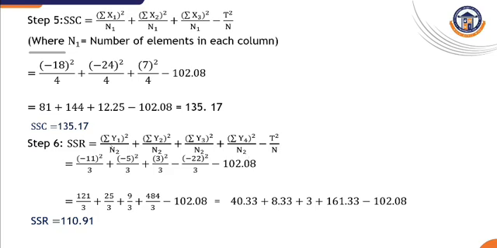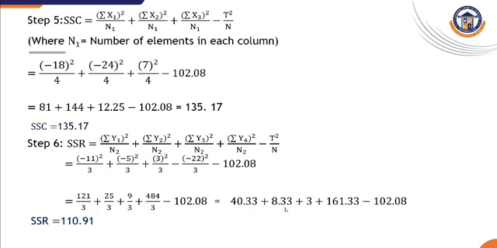Our row values are minus 11 on whole square for the first row divided by 3, because on each row only 3 values are available. The second row is minus 5 divided by 3, the third row sum is 3 divided by 3, and the fourth row is minus 22 on whole square divided by 3. Therefore, subtract 102.08. We simplify this entire data.